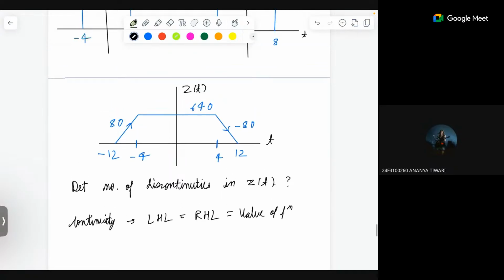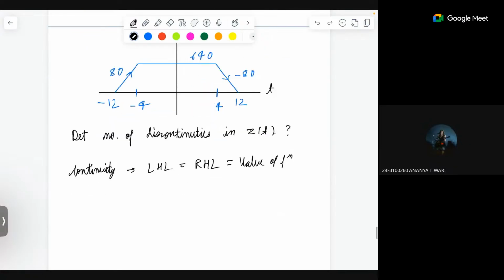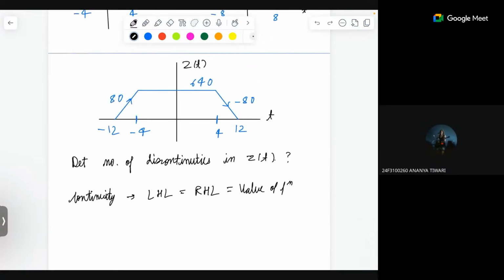So here let us see this point. We can see that the left hand limit and right hand limit both converge to the same value, and it will also be equal to the value of the function. Here same thing. So everywhere the left hand limit is equal to the right hand limit, which is equal to the value of the function. So there is no place where Z is discontinuous. So the number of discontinuities in Z is 0. Is it clear now, Rohit, why the discontinuities are 0?